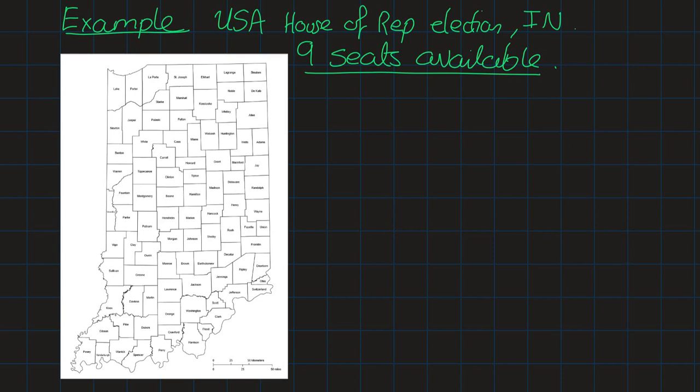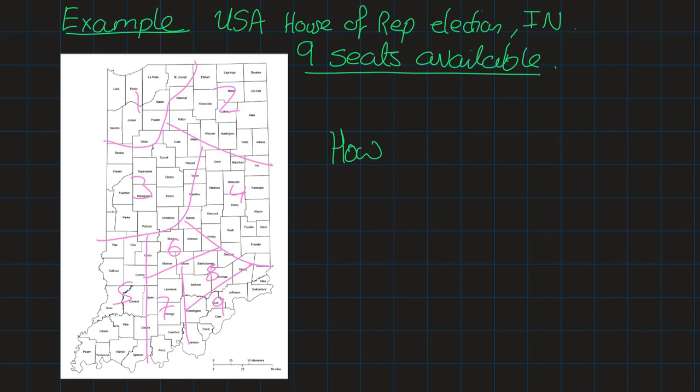Okay, so this means that this map needs to be cut up into 9 districts: 1, 2, 3, 4, 5, 6, 7, 8, 9. It needs to be cut up into 9 districts, where each district is in charge of electing one of these representatives. Okay. And the obvious question to ask is, how do you divide up the state?